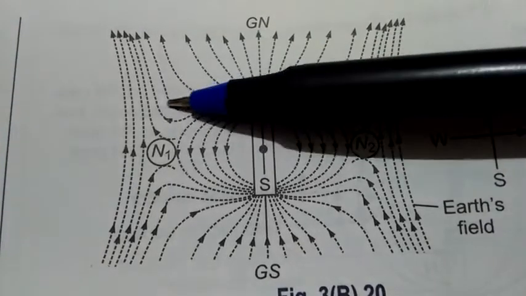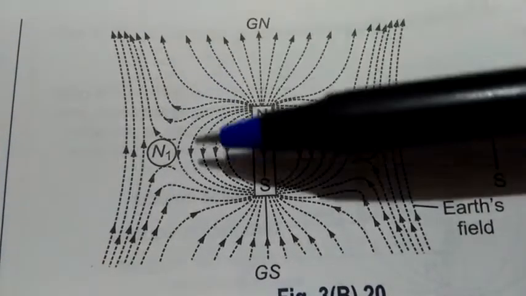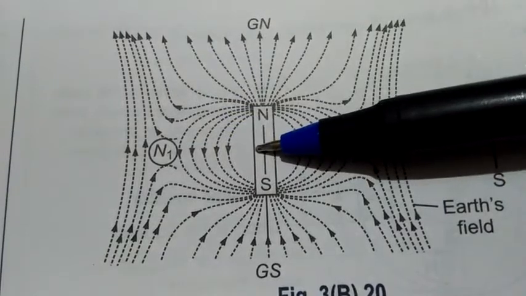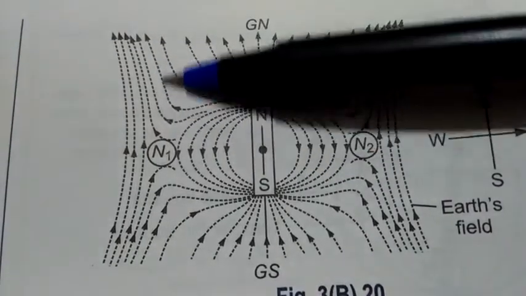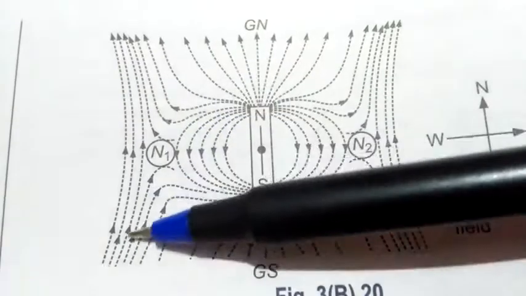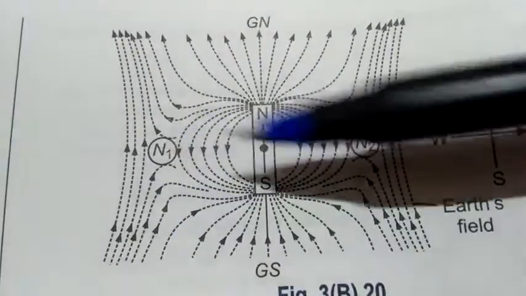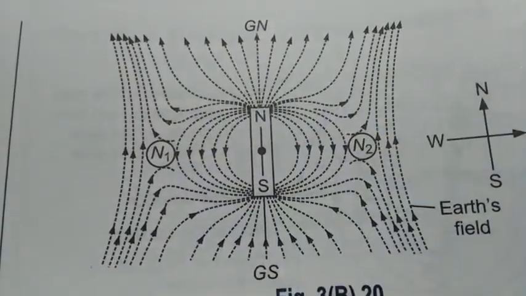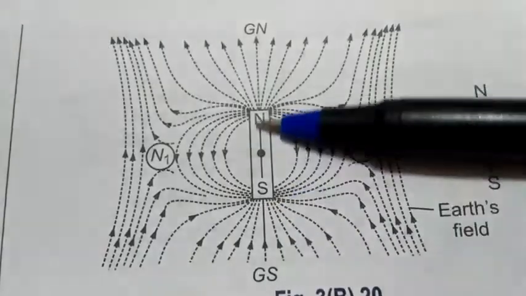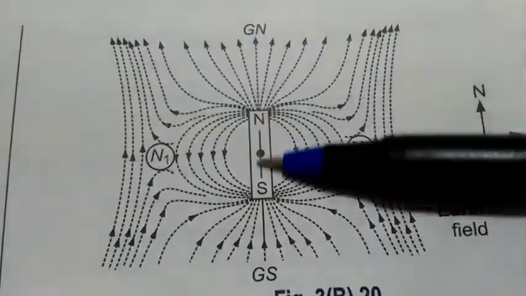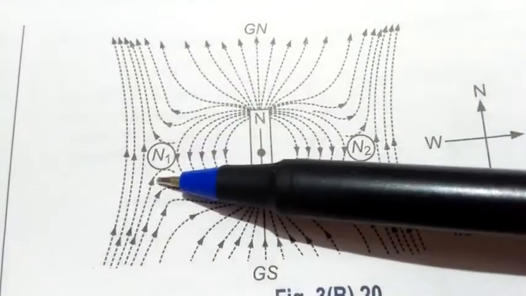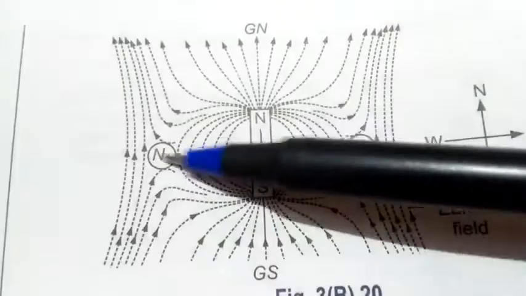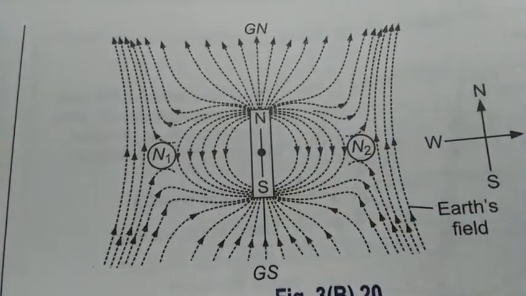The interaction of Earth's magnetic field and the bar magnet's magnetic field is such that they make this type of curved shape, and at the center we get the neutral points. So when the magnet is aligned properly, north pole pointing towards north pole, we get the neutral points on both sides of the magnet.